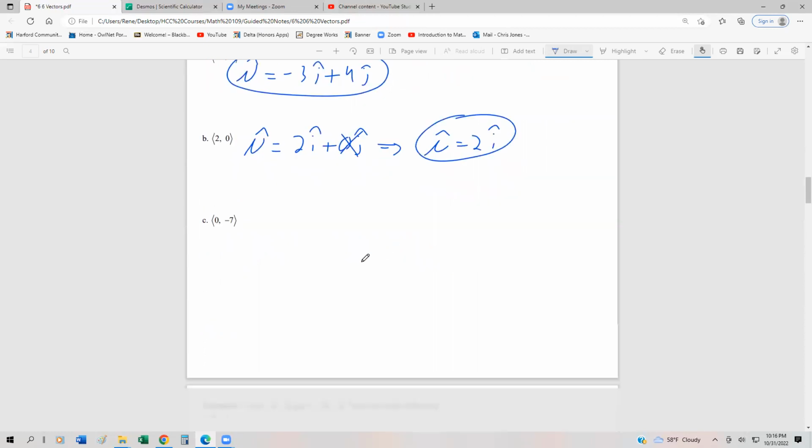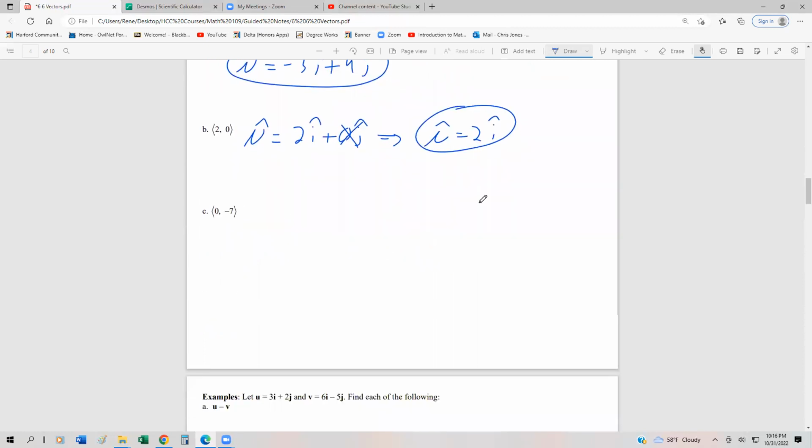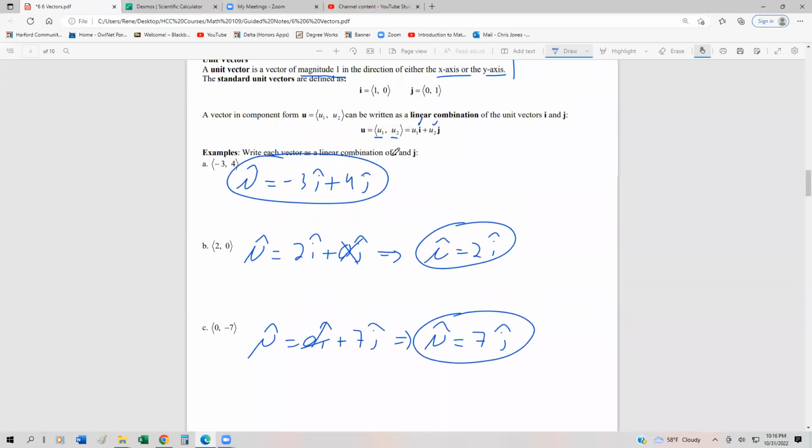And finally, if I had the component form 0, -7, I would have 0i minus 7j. The 0i would cancel out, and I would be left with u equal to -7j. So it's really easy for us to perform these operations as a linear combination.